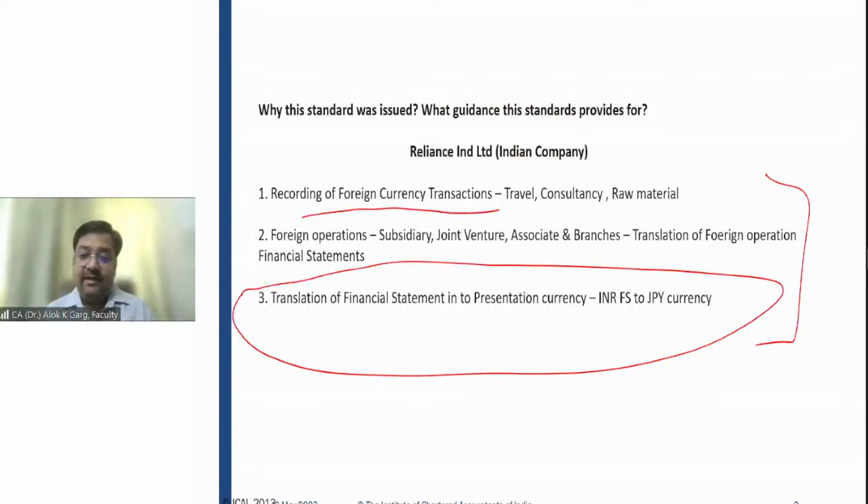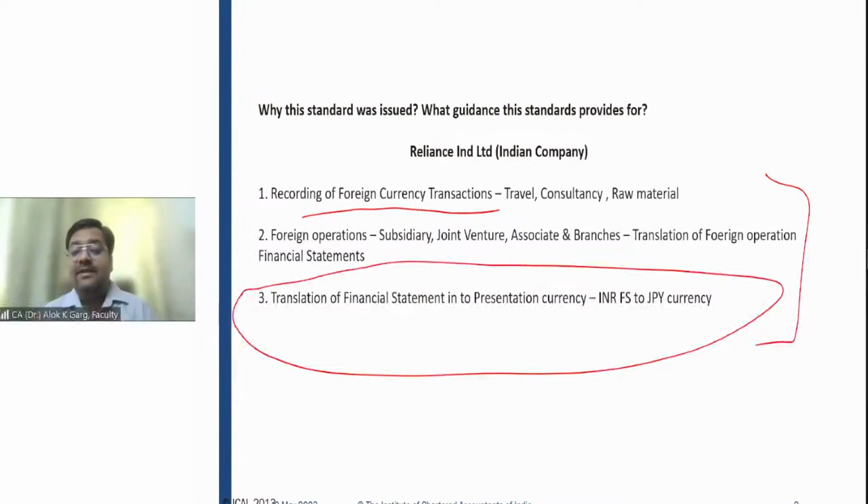But in the USA, Infosys has to publish its financial statements in US dollars because they will not understand rupees. So Infosys is required to present its financial statements in US dollars in the USA, although its functional currency is INR.